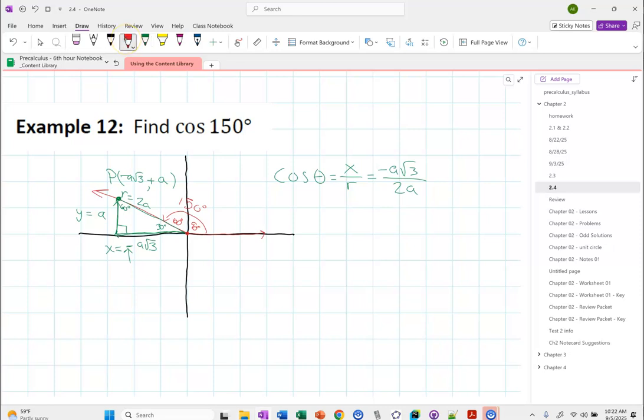Did you notice anything about that fraction? It can reduce. What can reduce? The a's. So we're negative root 3 over 2. Everybody okay there?